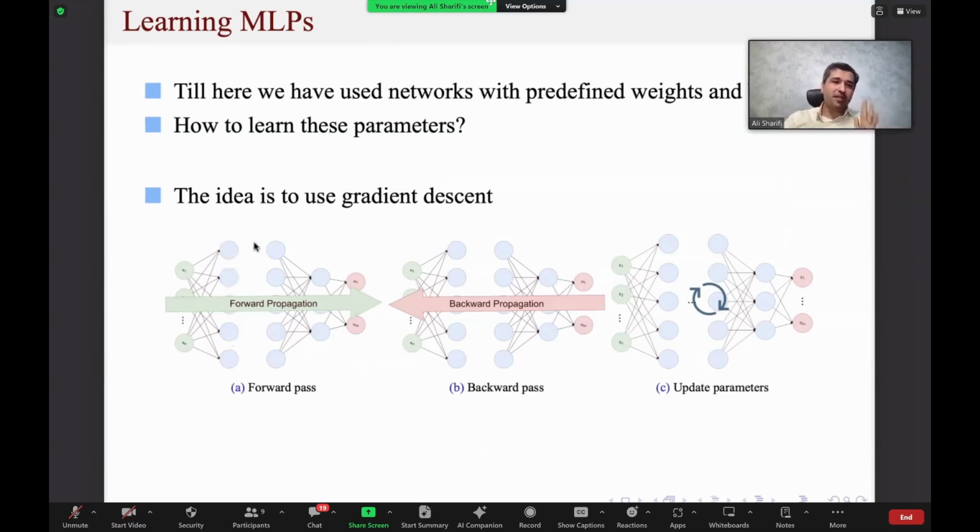By hyperparameters, I mean the number of layers, the number of neurons per layer, and the type of activation functions. By parameters, I mean the weights and the bias values. So based on the training data, we update the values of parameters.